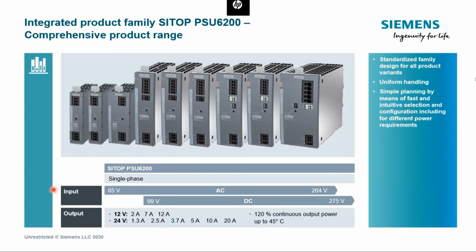So up to now, we have the single phase, and the 3-phase will be coming soon. One nice feature is that it has a wide range AC or DC input, as you can see here, with automatic detection of the line supply, so there is no manual switch to take care of.